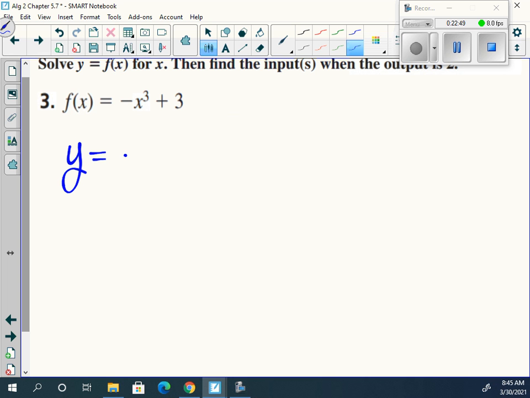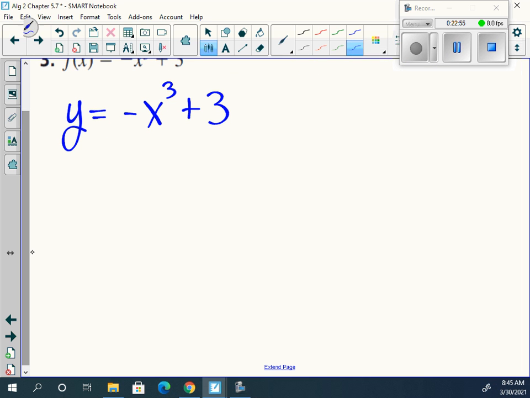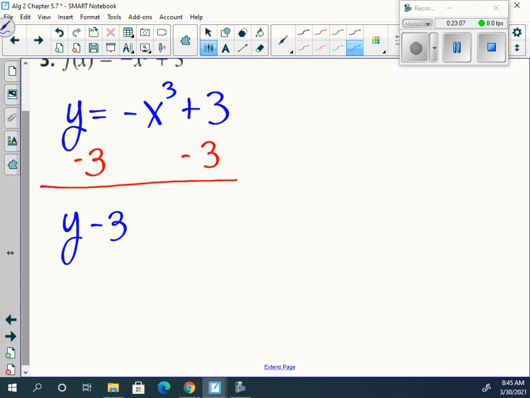Now let's go on and solve this. So what's the first thing I need? Subtract 3 from both sides. I knew I was writing that wrong as soon as I started writing it.